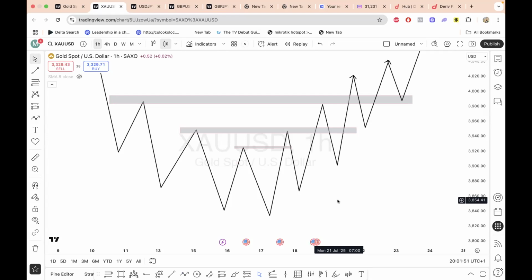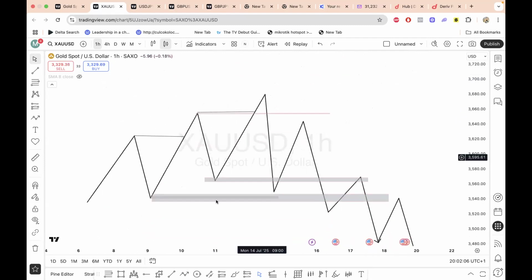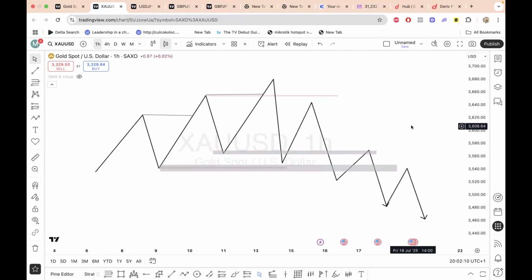This is the way my mentor taught me. He taught me in a way that even a baby will get it. All right, how did he do it? He says, when a bullish trend turns into a bearish trend, what is the first letter you are seeing?